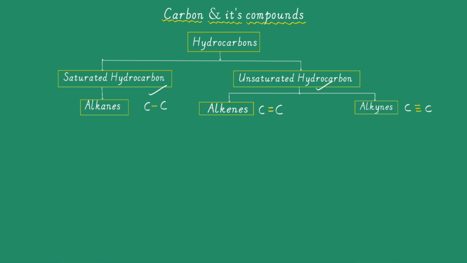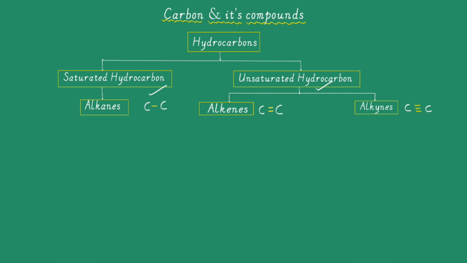Now here, how do we write molecular formulae of alkanes, alkenes, alkynes? Or when a hydrocarbon is given, how do we identify whether it is saturated or unsaturated? Again, in unsaturated also, whether it is alkene or alkyne. So we need to remember one general formula to classify these by seeing the molecular formula.